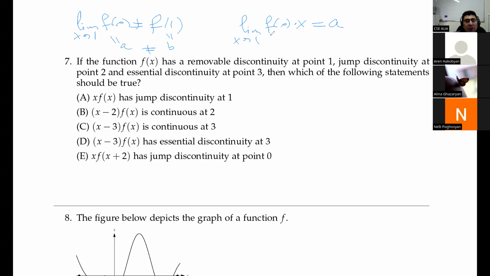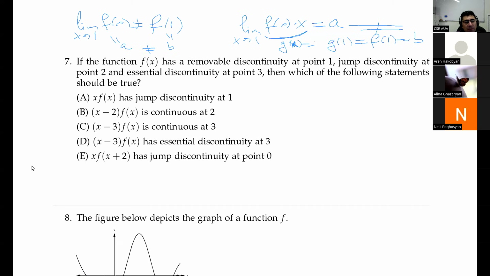What is the value of this function at 1? If this is our g of x, what is g of 1? It is f of 1 times 1, right? G of 1 is again f of 1. It's again b, and a and b are not equal to each other.